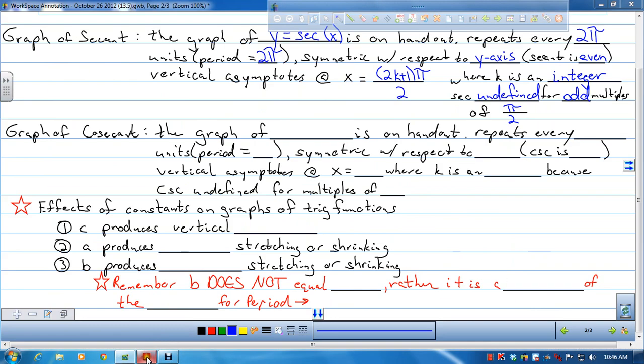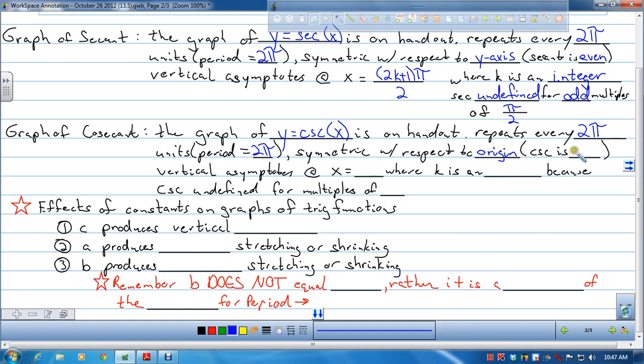So this graph of cosecant, write this out, y equals cosecant of some value x. It's on the handout, we looked at it. It also repeats every 2 pi units, indicating that the period for this particular one is 2 pi. It is symmetric with respect to the origin, just like its reciprocal function was.